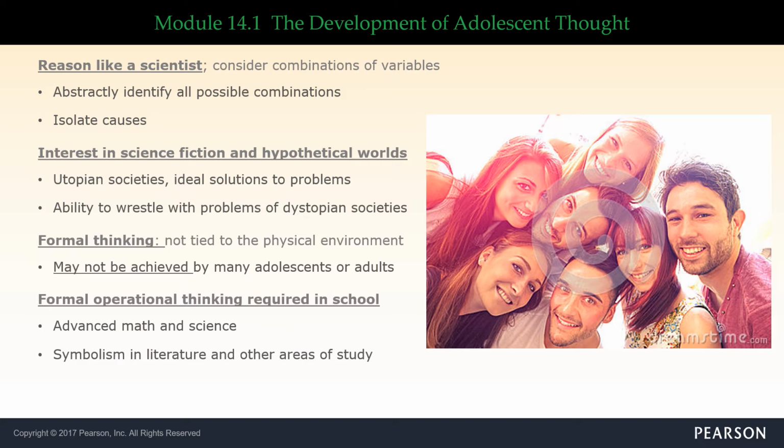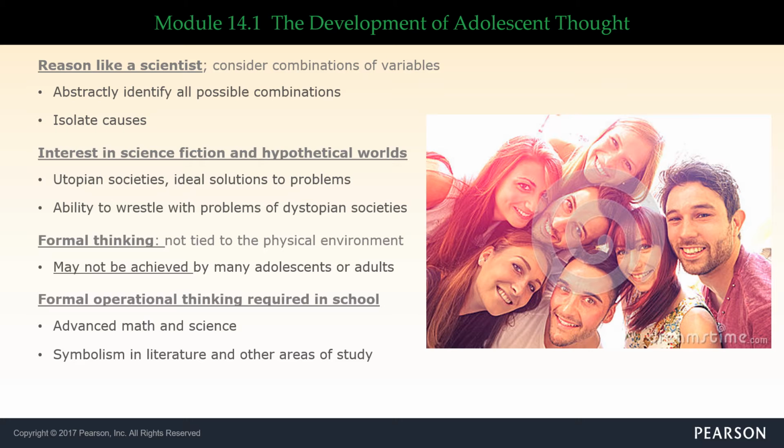And so has the movie industry lately, focusing on books that have utopias, utopian societies, ideal solutions to problems, like the Divergent series or the Hunger Games. They thought they had a perfect answer to all the issues. And it's really a dystopian society, so the ability to wrestle with problems of a dystopian society, which obviously we wouldn't think that Divergent is ideal or that the Hunger Games are ideal.